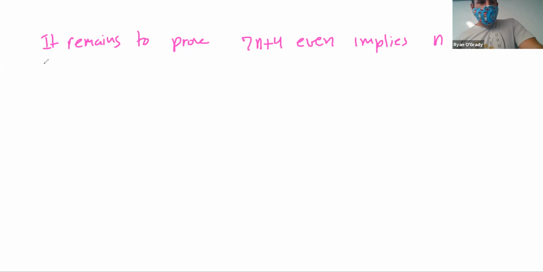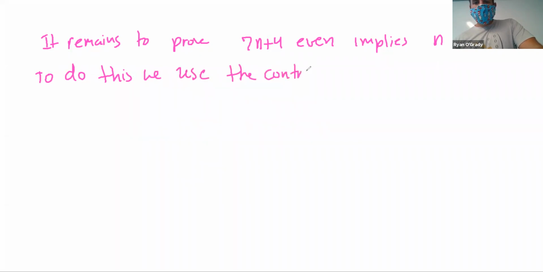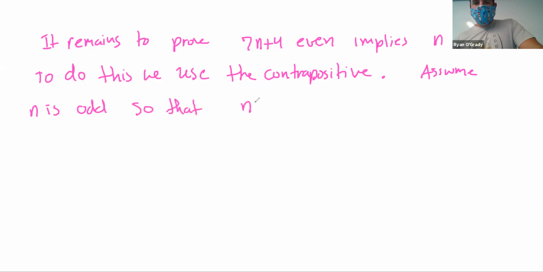And so we found out a good way to do this, and that is we'll use the contrapositive. So the contrapositive means we assume n is odd, so that n equals 2k plus 1 for some k.